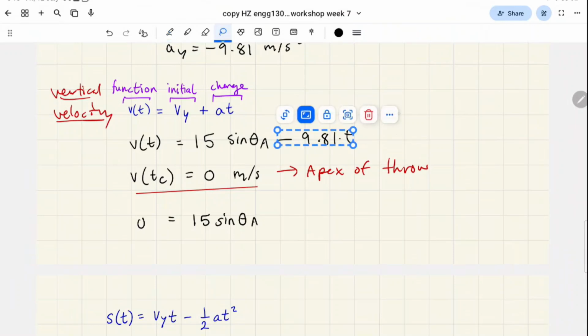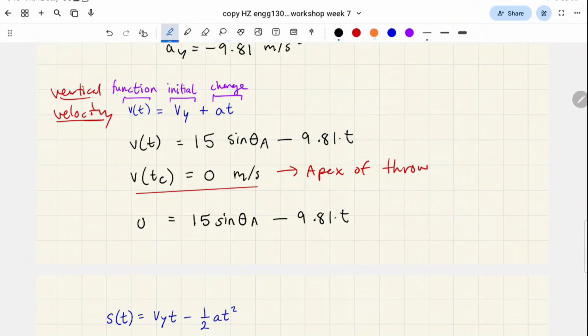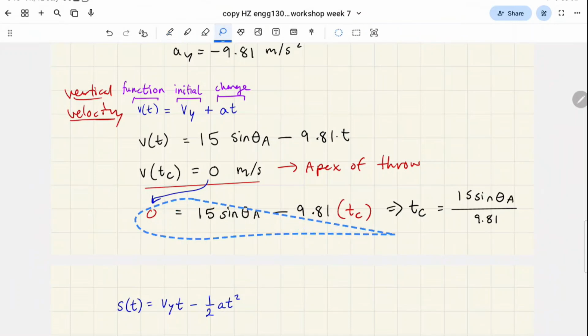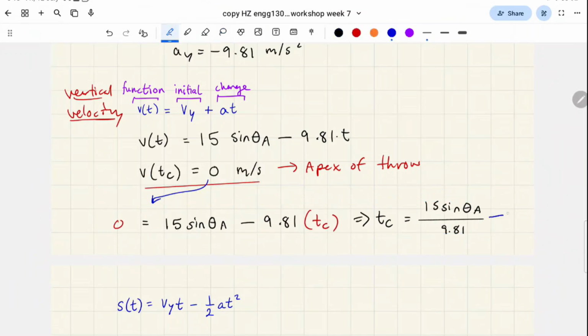We're copying this part over, and Tc is what we're solving for. That information plugs in here. Does that make sense? Okay, good. So when we rearrange for Tc, 15 sine theta a is equal to 9.81 Tc, so Tc is 15 sine theta a over 9.81. This will be our first equation for our simultaneous equations.